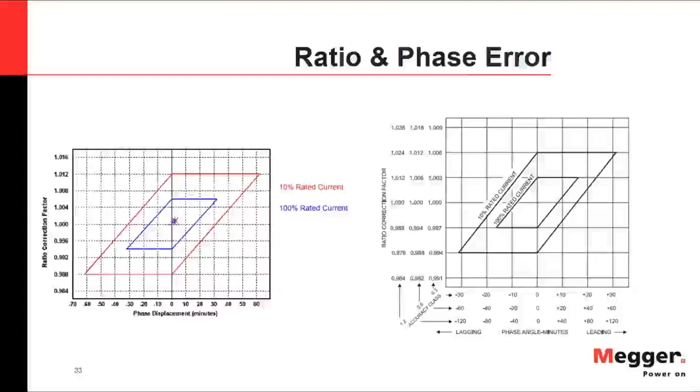As I was explaining before, one of the advantages that we have from IEEE is the provision of the parallelograms. You can clearly see that you may get a number for the magnitude, you can get an angle given by the phase deviation, but it's easier just to plot that information in a graph, and you can visualize that in reality, at 100% rated current, your transformer complies with the standard, and in the same way at 10% rated current, which is the red limit in this graphic, and the 100% is the blue limit.